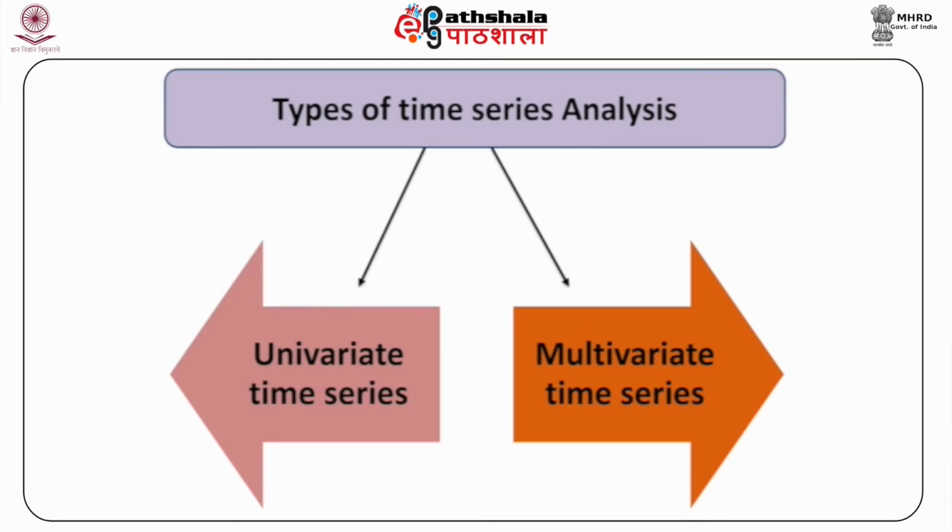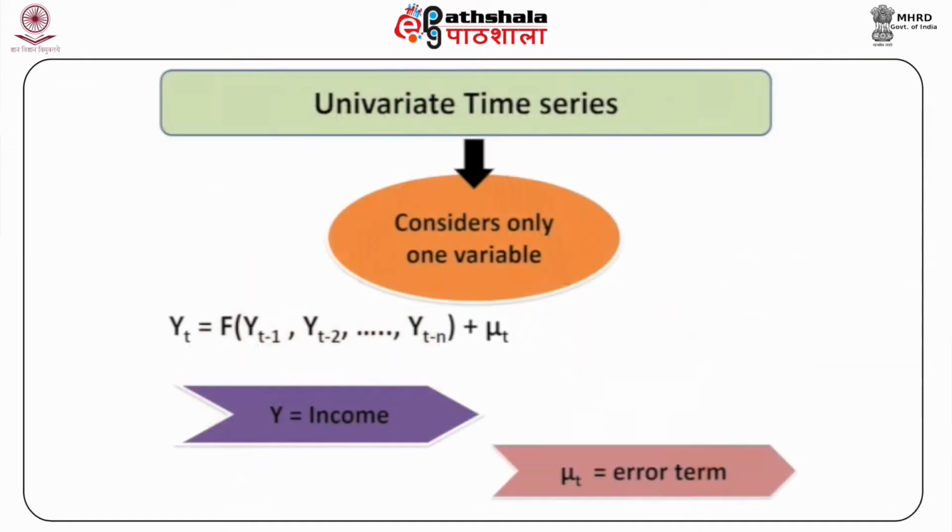Let us now move to the types of time series analysis. The time series can be divided into two types: univariate time series and multivariate time series. Let us now study them in detail. The series which considers only one variable, we call it a univariate series. For example, the data on change in income level of a country over a time period will be considered as a univariate time series.